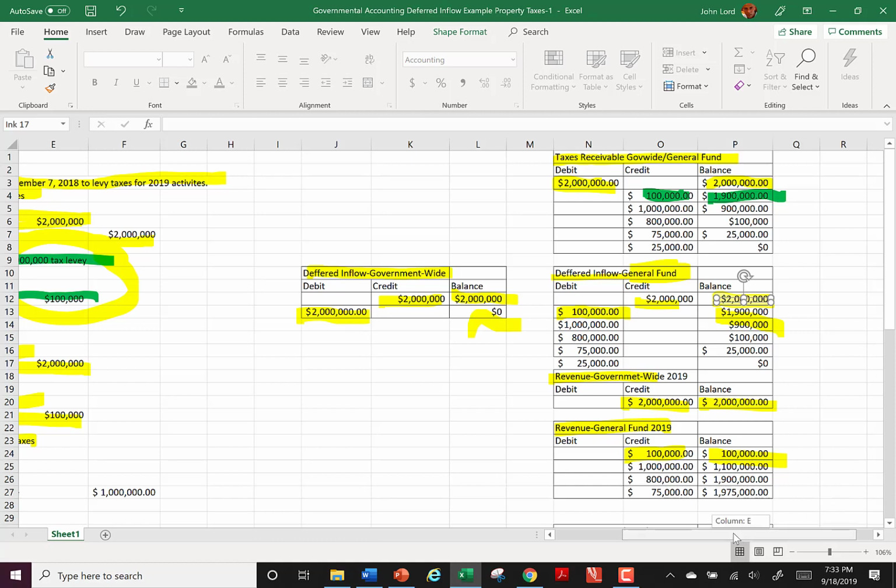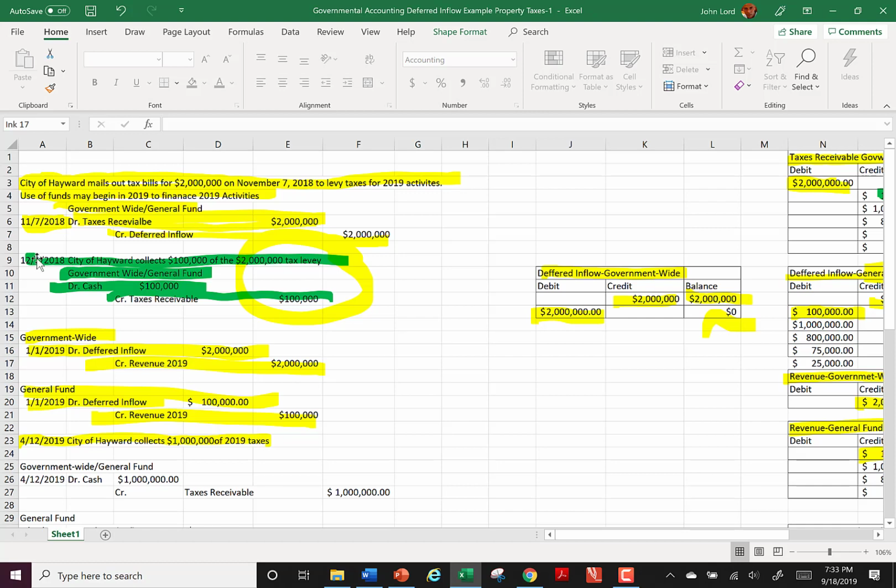Then what? Then some crazy people, even though those bills are not due until 2019, pay their taxes in 2018 when they get the bill. So I collect some money in December, say December 1st of 2018. Why would a maniac pay their tax bill for 2019 and 2018?